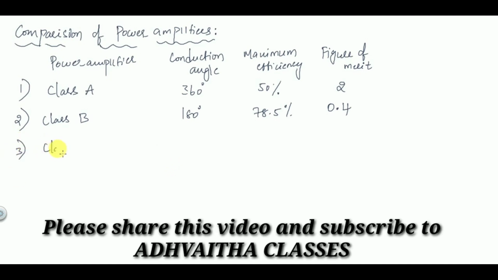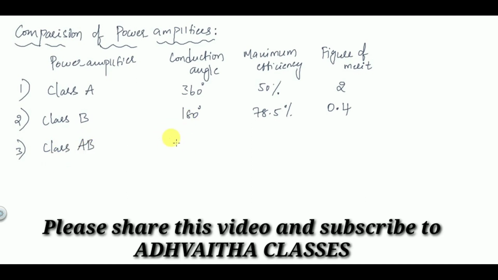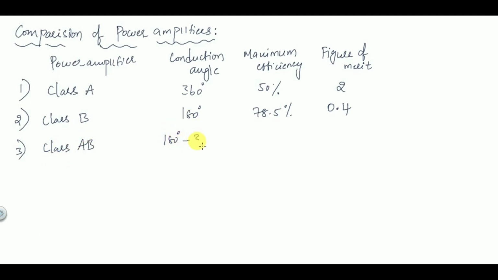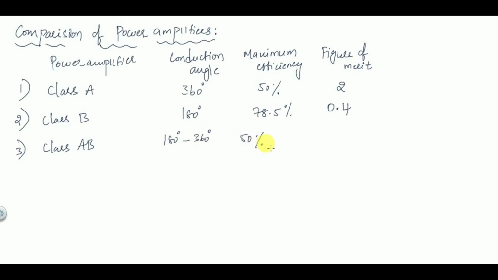Third is the class AB power amplifier. The conduction angle is between 180 degrees and 360 degrees, the efficiency is between 50% and 78.5%, and similarly the figure of merit lies between these two values, so it will be 0.4 to 2.